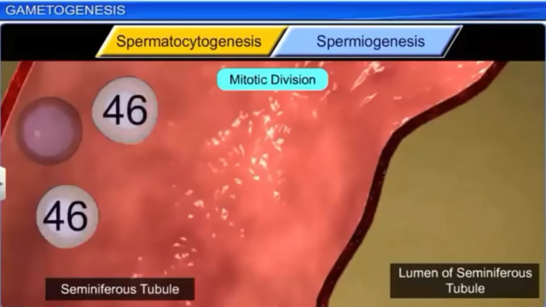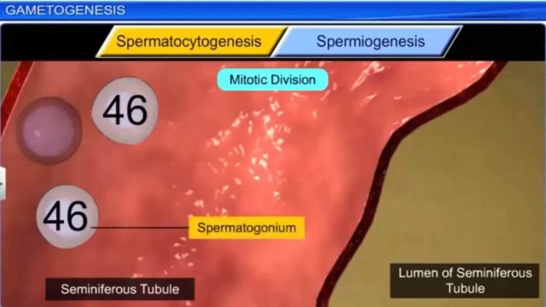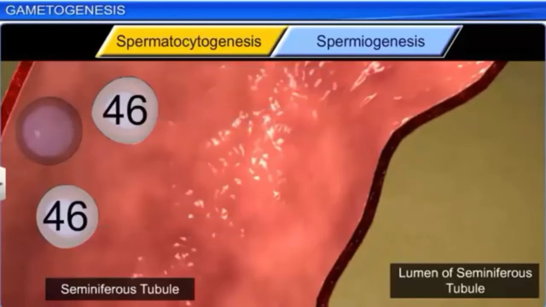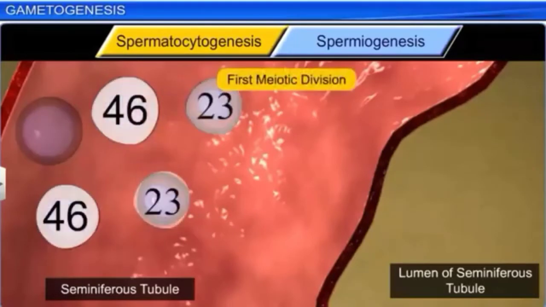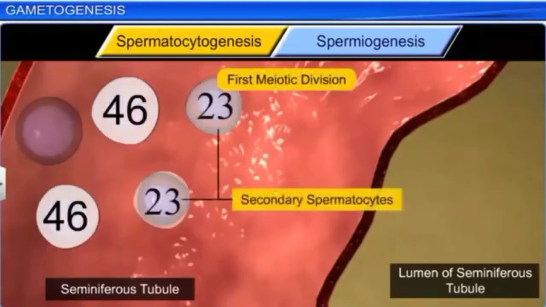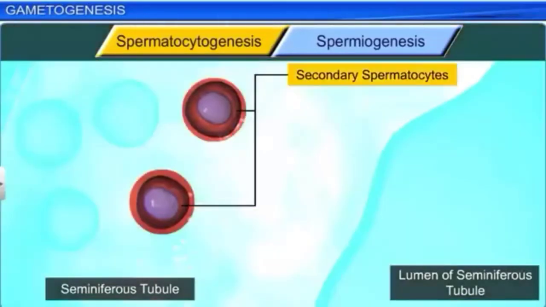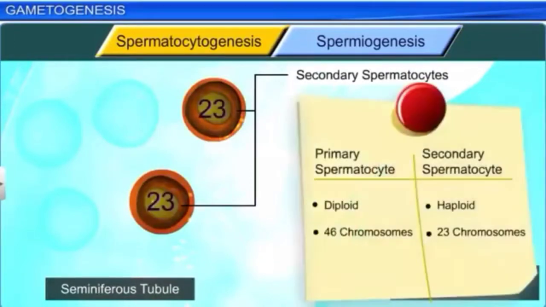Of these two daughter cells, one remains the spermatogonium, while the other one becomes the primary spermatocyte. This primary spermatocyte divides meiotically to form two equal cells called secondary spermatocytes. Unlike primary spermatocytes, secondary spermatocytes are haploid cells containing 23 chromosomes each.